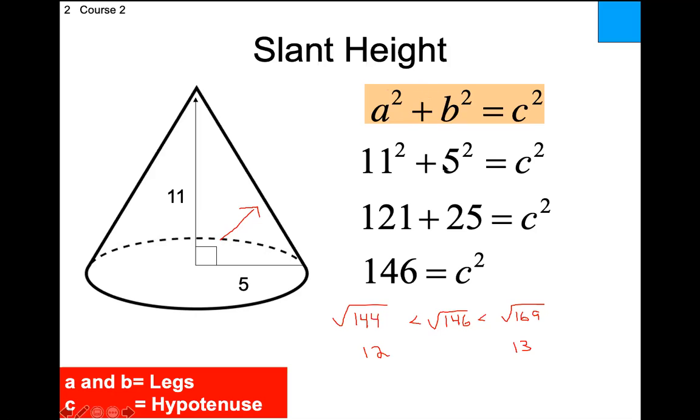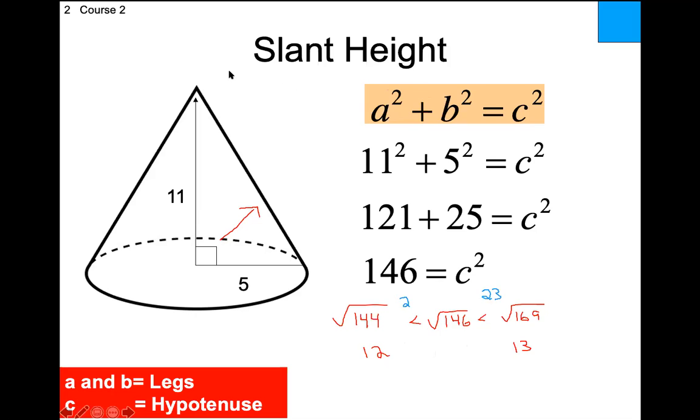Now, once again, hey, we're only 2 away from 144 to 146, but we are 23 away from this one. That's a lot. So we are really as close to 12 as you can get without actually being 12, right? I guess the closest you get as a whole number would be 145. Well, that's got to be 12.1.